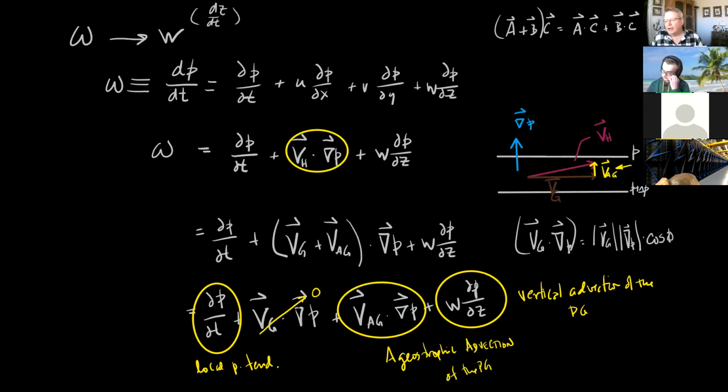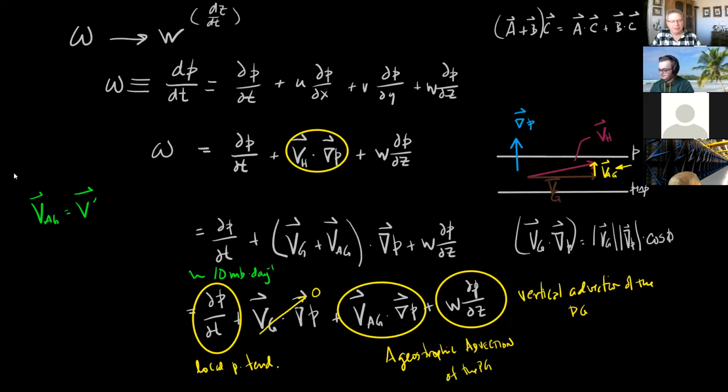What that will then allow me to say is that this term is around 10 millibars per day. This term, the ageostrophic, and I think maybe in the book they go ageostrophic, but they say that this vector is actually what they call this vector.